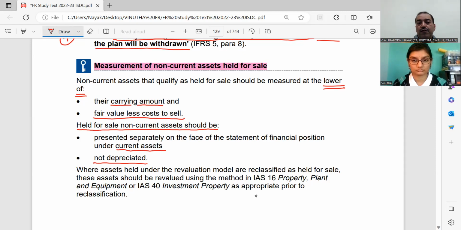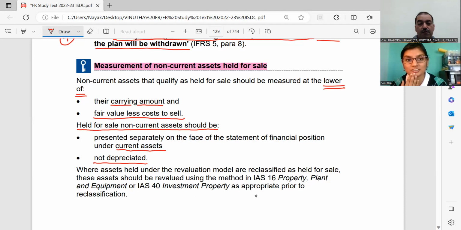What is another term for fair value less cost to sell? Tell me. Residual value, sir? No. It's called NRV.